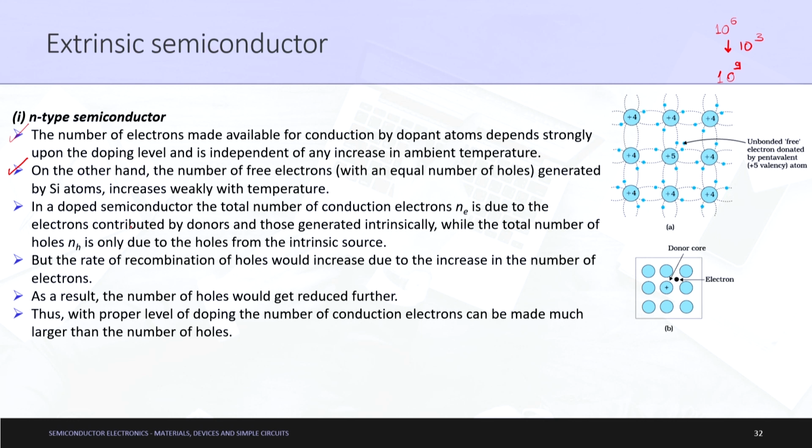Fine. So, in a doped semiconductor, the number of conduction electrons Ne is due to the electrons contributed by donors and those generated intrinsically. What does it mean by generated intrinsically? Let me explain this line very carefully. What is Ne? Ne is the number of conduction electrons. Those electrons which, if moved from, let us say, point A to point B, lead to the generation of current, can be called conduction electrons.